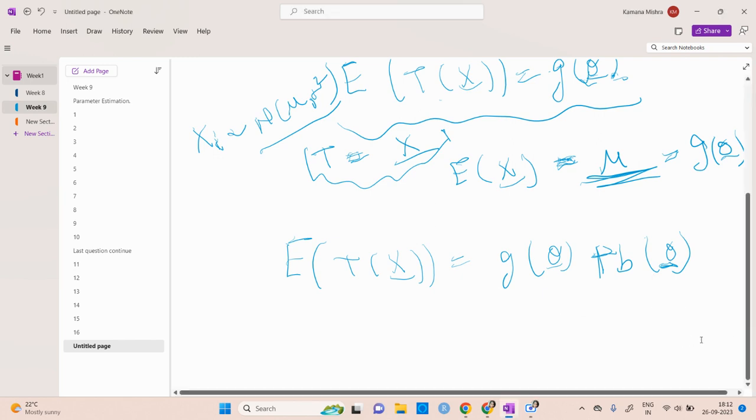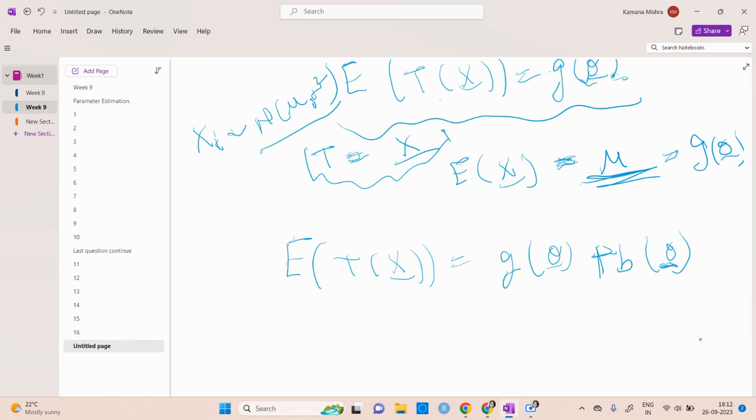So now what we know is that we have this parameter we were checking for. Let's say mu in the case of a normal distribution, or maybe lambda in case of Poisson distribution, etc. There are so many.